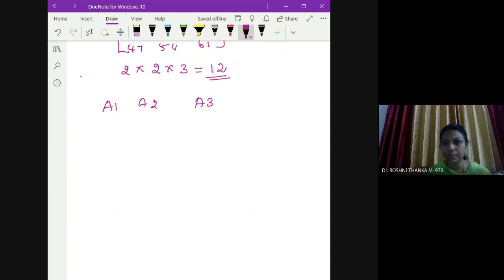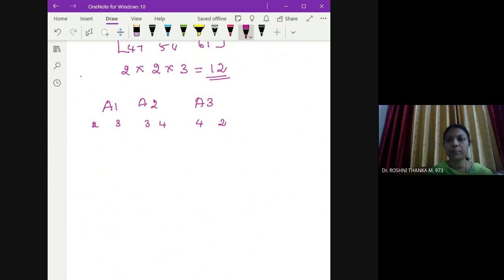And let us discuss the dimensions of these matrices as well. Let me take the dimension of A1 as 2, 3, the dimension of A2 as 3, 4, and the dimension of A3 that I have considered is 4, 3. So this is the dimension.